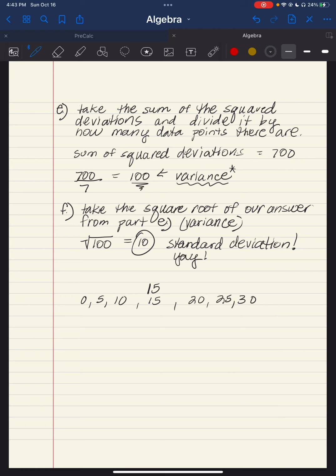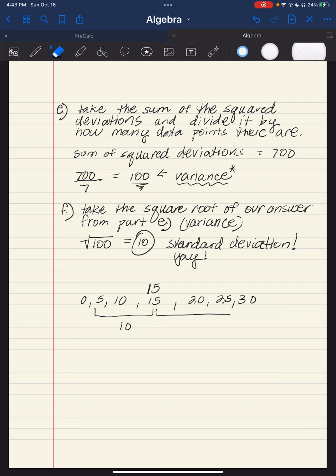So the standard deviation says, on average, how far are you away from the middle? Well, what's 10 less than 15? We said we have a standard deviation of 10. 10 less than 15 is 5. So this is a distance of 10. And then we could also go the other direction and say, okay, 15 plus 10.